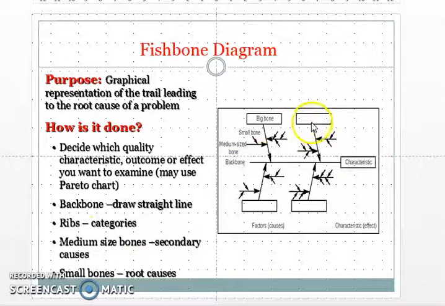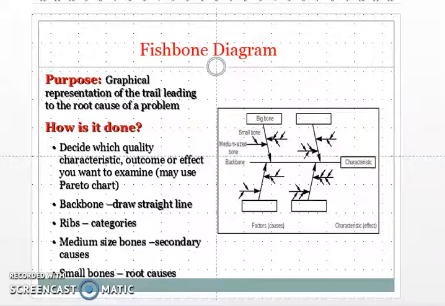These all are main causes. The main causes we already know: man, material, machines or equipment, and there will be some sub causes. The small or medium size bones will be the secondary causes, and the small bones are root causes. In this way you have to draw.